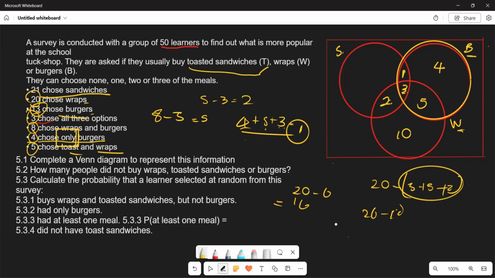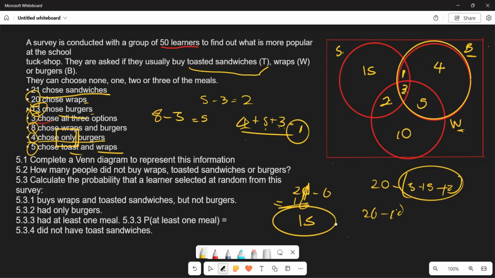Let's see. Sorry about that. Oh yes, that's why I'm making a mistake here, because it's 21. It's 21 subtract your 6, not this other one, right? That's why I'm getting a 16 here that I don't know where it comes from, and this was incorrect. So basically, it's going to be 15 learners who are going to choose a sandwich, right?